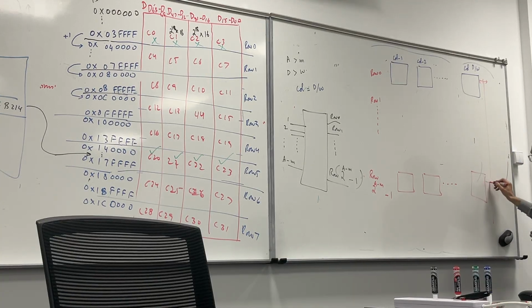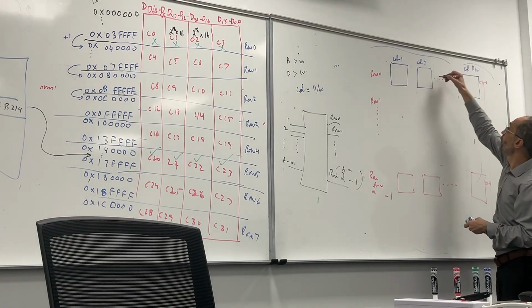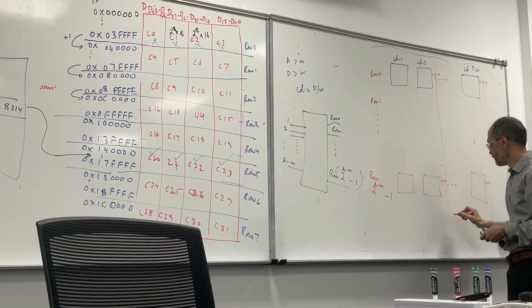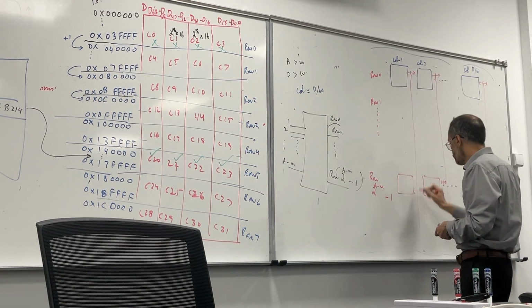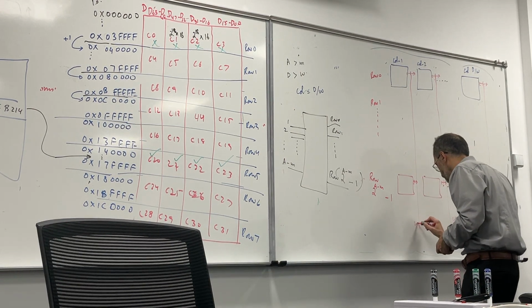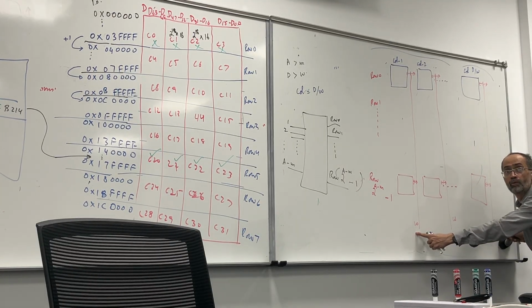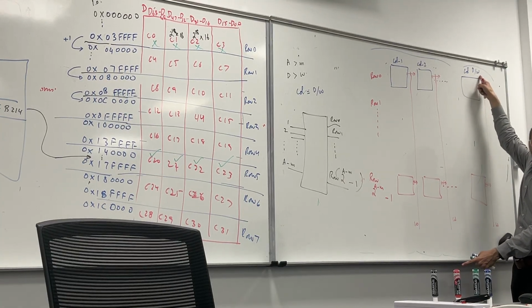Am I right or not? The second chip will also provide W bits, and this one W. How many columns do we have? D divided by W.